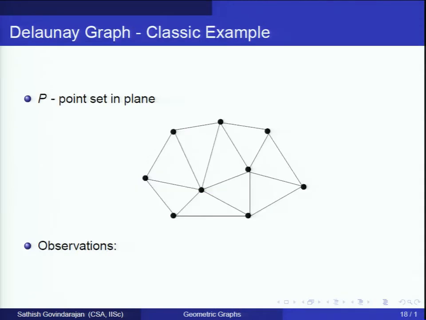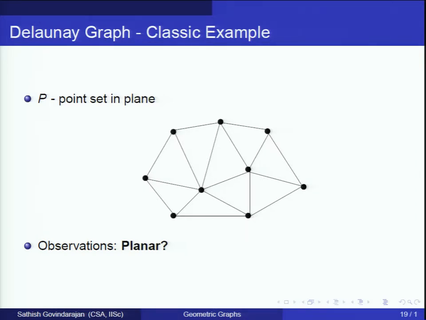Now, an interesting question is, this graph which I have defined, in fact, is a planar graph. I mean, that's how it looks also, right? Does everyone know what a planar graph is?